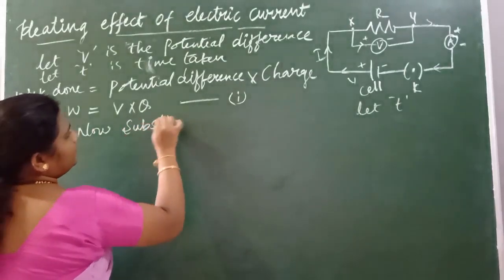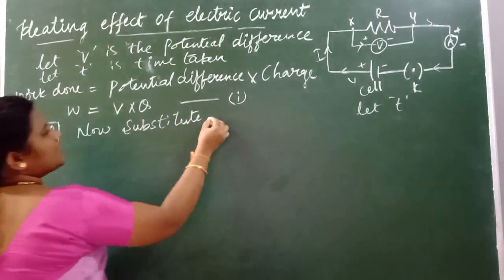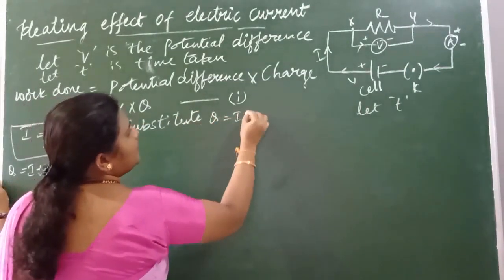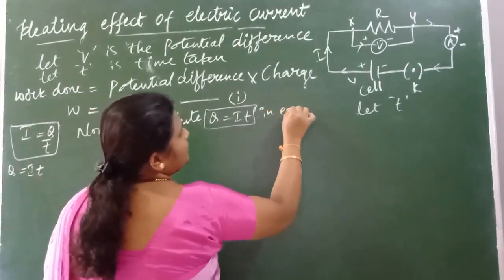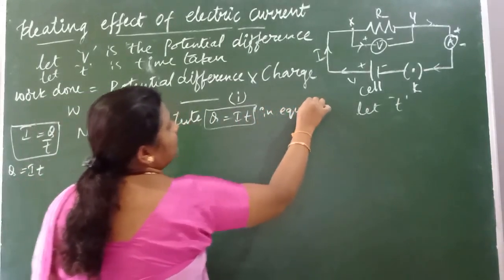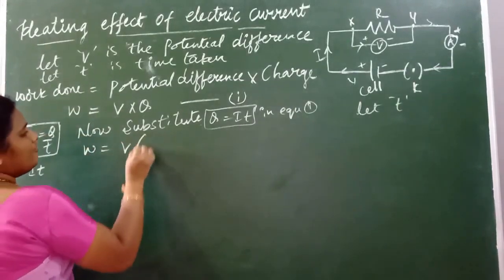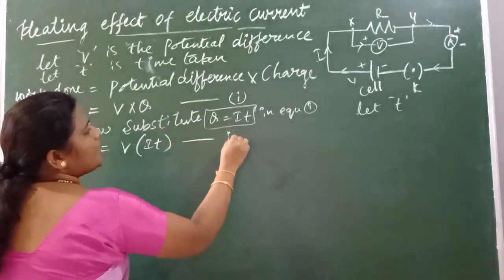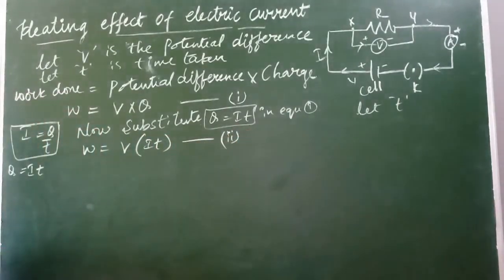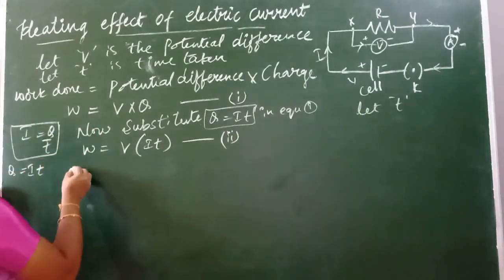So now substitute Q is equal to I into T in equation 1. What does it become? W is equal to V into I into T. Say this is equation 2. Isn't it, children? Now apply Ohm's law.